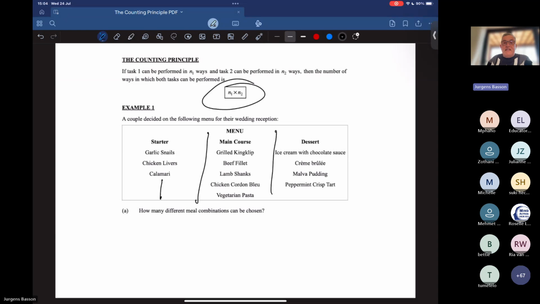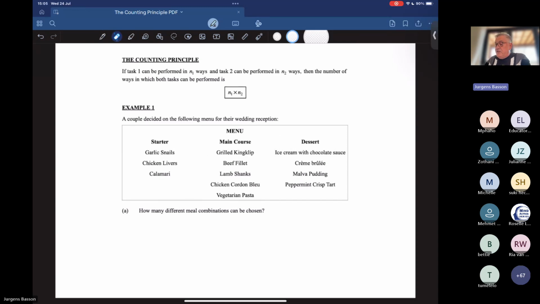You can only select one of each. The question is, how many different meal combinations are there? So we first need to ask ourselves, how many tasks do we have? And it's quite clear we've got 3 tasks. We need to select the starter, the main course, and the dessert.